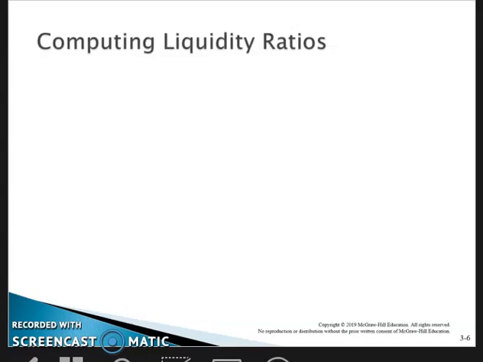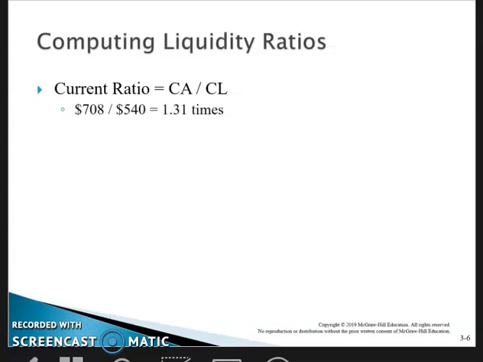So the first one's liquidity ratios. The current ratio is current assets divided by current liabilities. If we are using our fictitious corporation, if we went back to the balance sheet of our U.S. Corp from the book, they would have $708 million of current assets divided by $540 million of current liabilities.